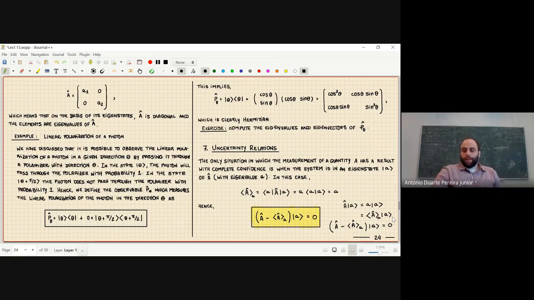So this is what I'm writing here. If you have a state which is the eigenstate with eigenvalue a of the operator A hat, then this relation holds. Okay? Good.